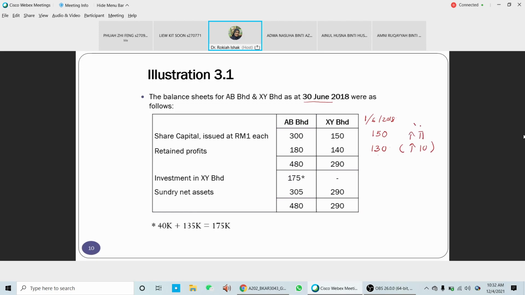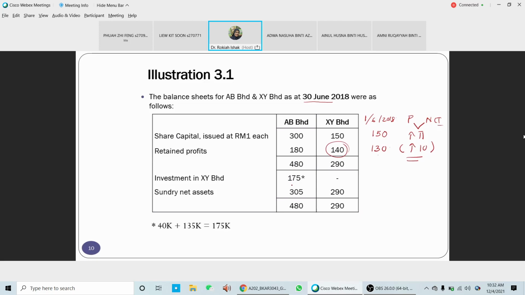This profit is entitled both to the parent and also to the NCI. Compared with the acquisition date, the RE here was only 130, but now it becomes 140. So there is an increase of 10 here, which is considered an increase in profit.